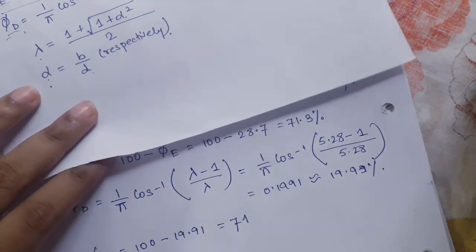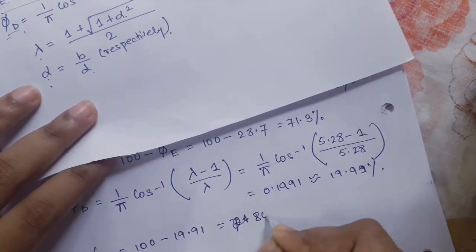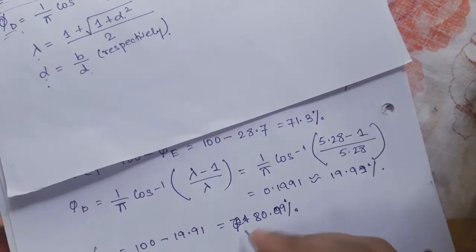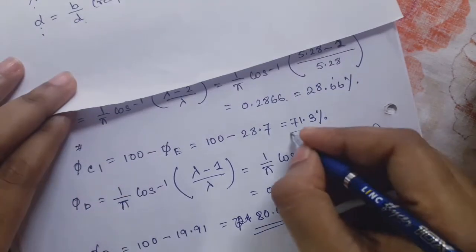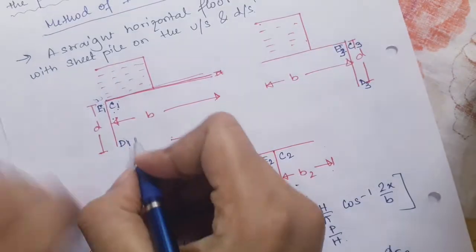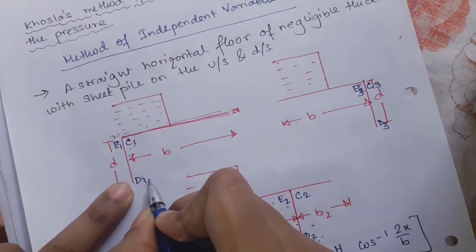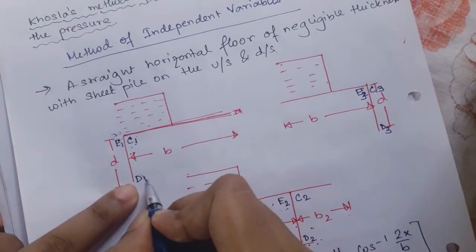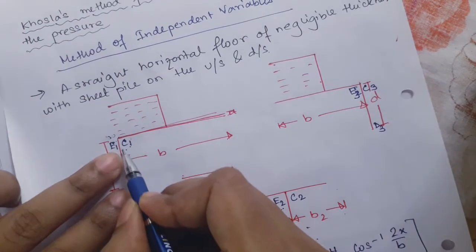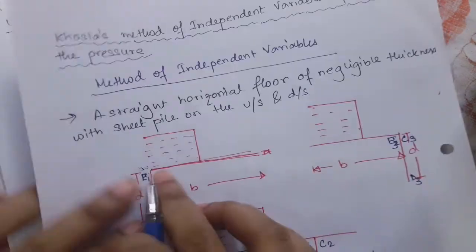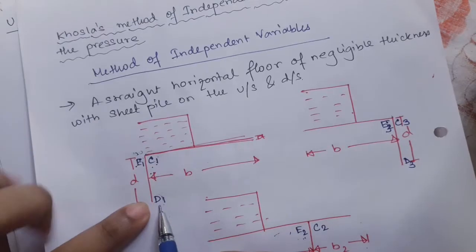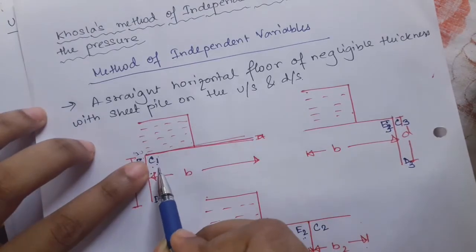So here it is 100, then it reduced to 80, then it reduced to 71.3.